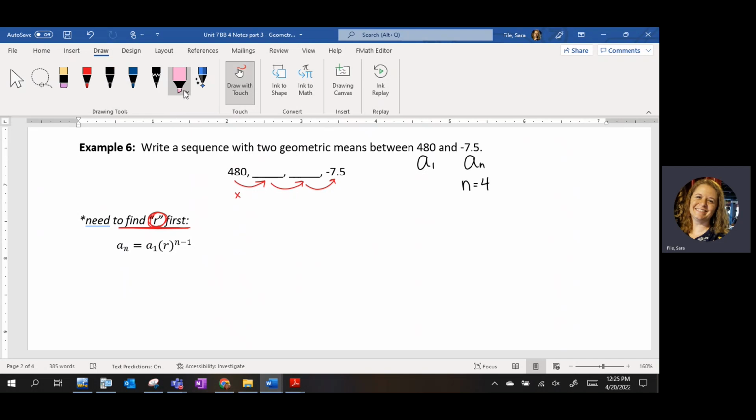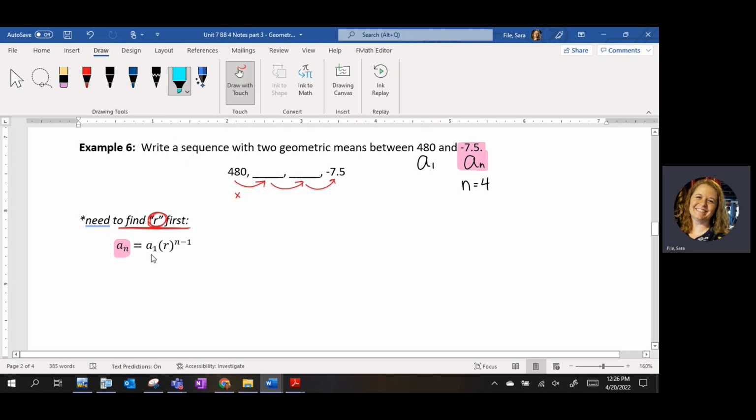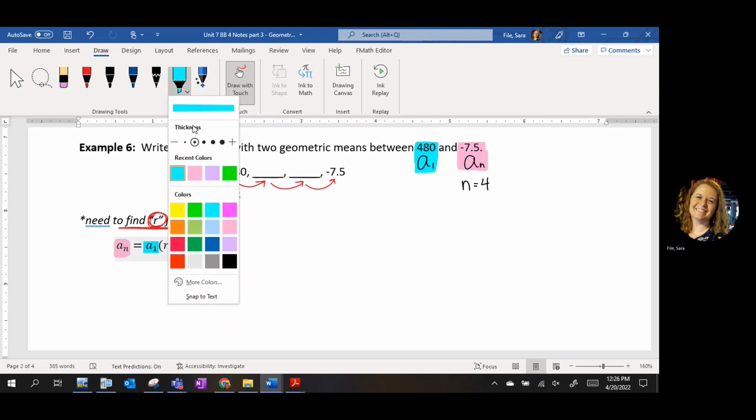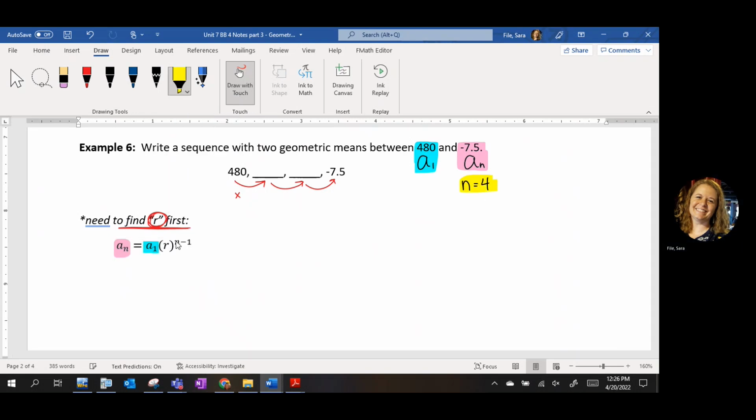Okay, so we know that A sub n is negative 7.5. We know that the first term is 480. And we know that the term number n was 4 to get that negative 7.5.